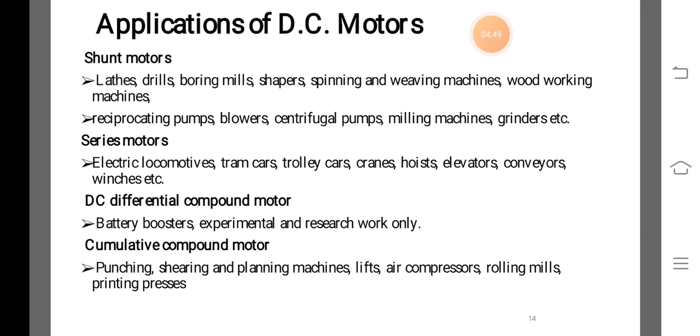Series motors are used in locomotives, train cars, trolley cars, cranes, hoists, elevators, conveyors, winches. Compound motors have two classifications, differential and cumulative. Differential compound motors have applications such as battery boosters, experimental and research work. Cumulative compound motors are used in punching, shearing and planing machines, lifts, air compressors, rolling mills, printing presses.